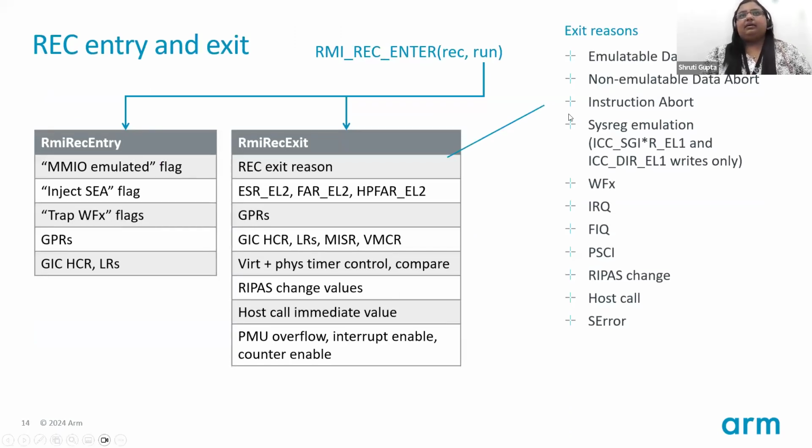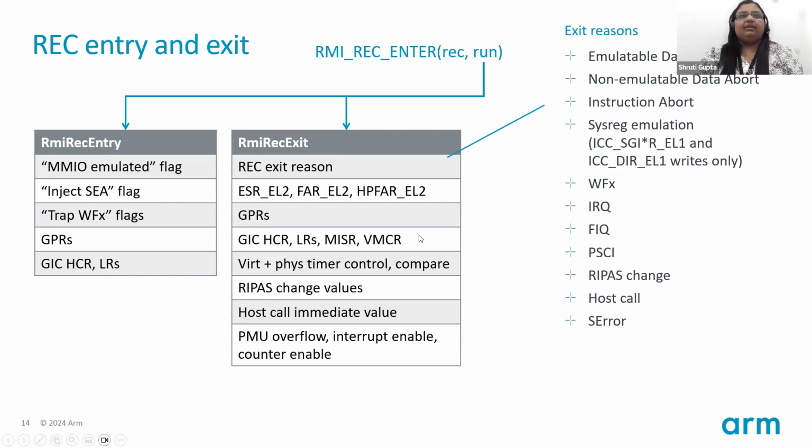So yeah, this is the RMI rec enter call. Rec enter accepts a rec argument and a run argument. The run argument contains two different structures, the entry flags and the exit conditions. While we are entering rec, we can set up different input parameters and different flags, and the rec will be doing those commands.